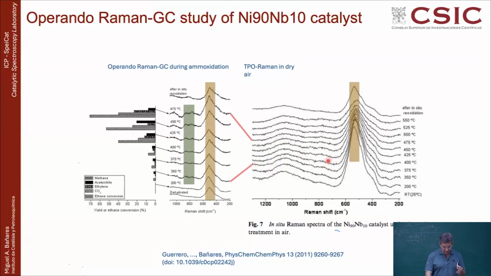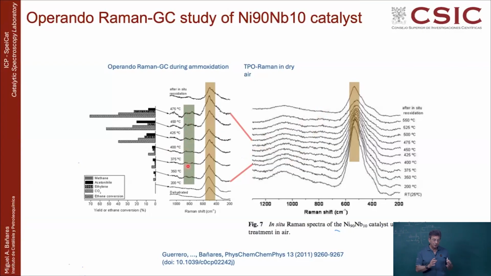So there is something happening already at 300-400 degrees, which is that during reaction, these two oxides are no longer sitting nearby, but because of the oxidation reaction, bonds are being formed and broken, and eventually they start to mix. And even when you don't get any mixed oxide, even after several hours at 550, during reaction in a few minutes, you get at significantly lower temperature these new Raman bands that correspond to the nickel niobate phases.